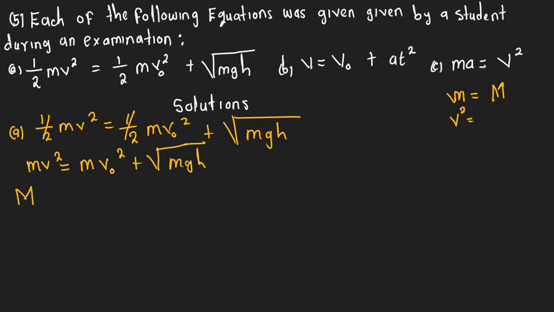We had already mentioned that velocity is simply L over T. L over T, since it will be power 2, so meaning the T can have a power 2, L is going to have power 2. What are the dimensions of mass? We have the same. Okay, then we come to gravity. Gravity, the dimensions are simply L over T power 2. The dimensions of height are simply L, like that.